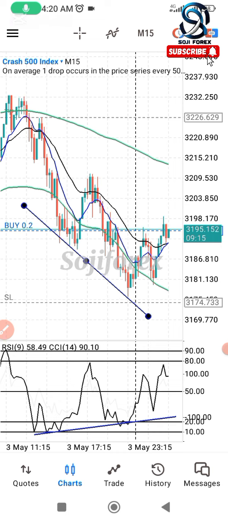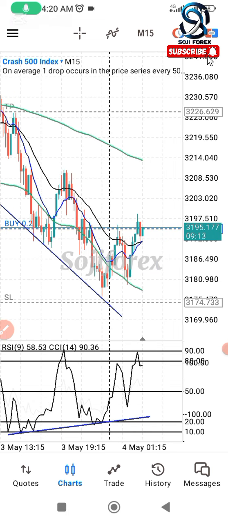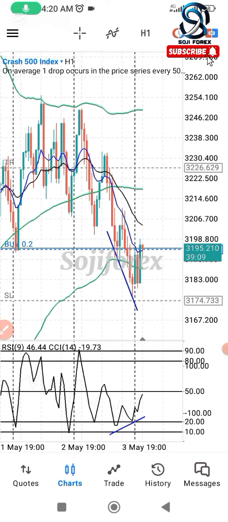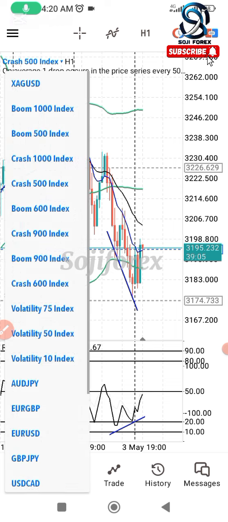So this is how perfect it is, provided it's in line with the trend, it works. It will only drag you when you are doing it contrary.